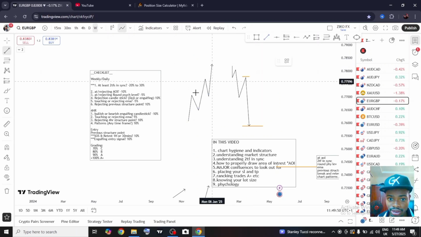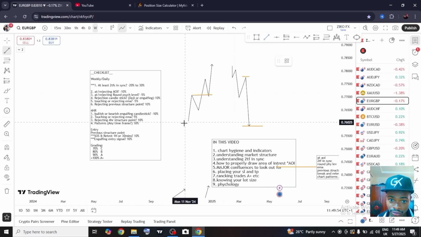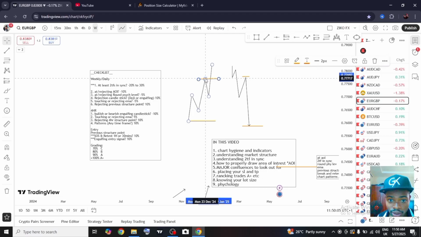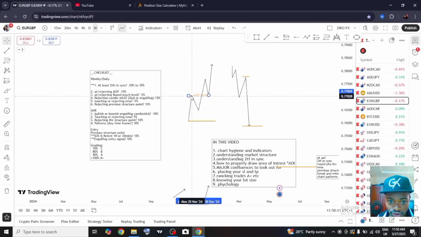So let me draw the lines here. This was the higher high at the time. Then this was the higher low. So this was the last previous structure point. So once price broke above it, and this now becomes the new high, this one is now the last previous structure point before this candle was moved.